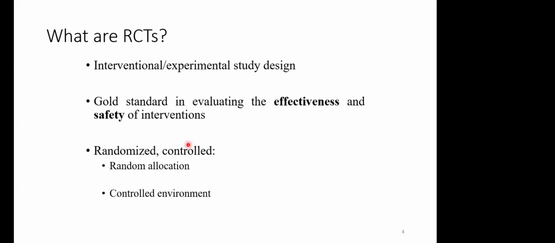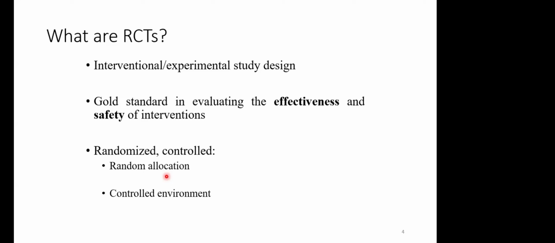Randomization, or random allocation, is the process where study participants are assigned into different intervention groups purely by chance using a random method. And this is to ensure that each participant has an equal probability of receiving any treatment.